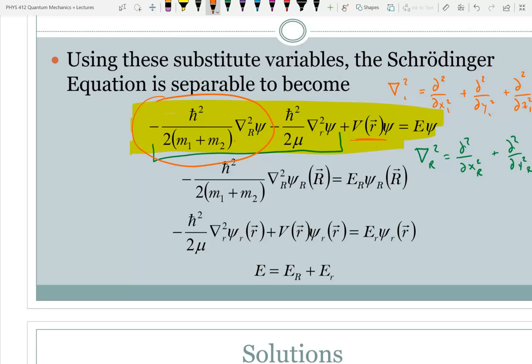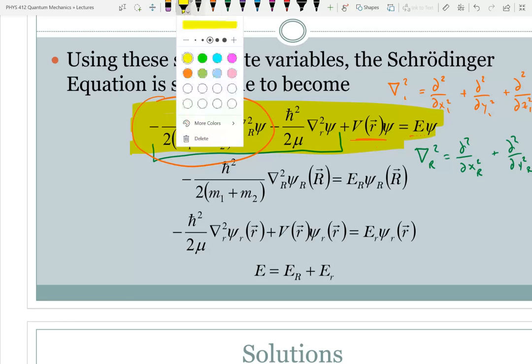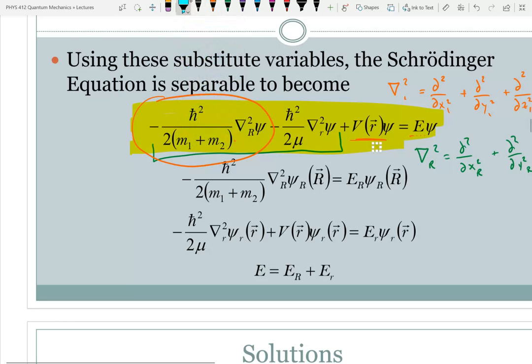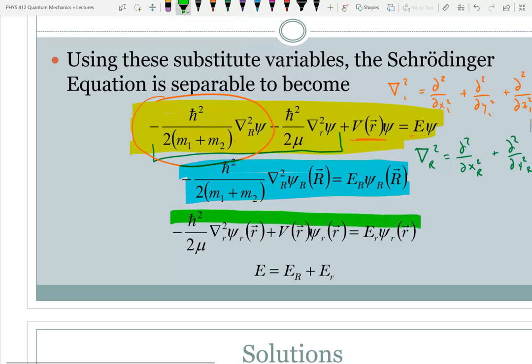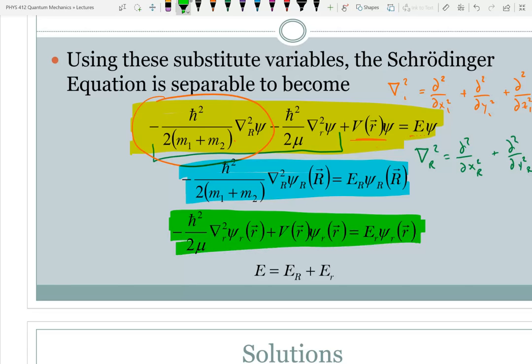Because it's just a scalar value, I can just say it's the sum of these two. And so I took out part of this energy to give me the equation that will be highlighted in blue. So this is the capital R equation. And then the lowercase r equation is going to be highlighted here in green, maybe. And you have the potential energy in the lowercase r equation.